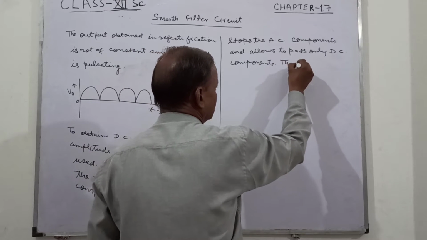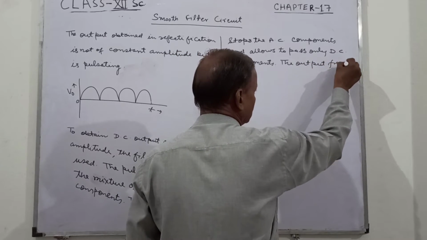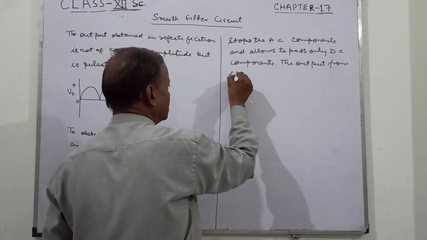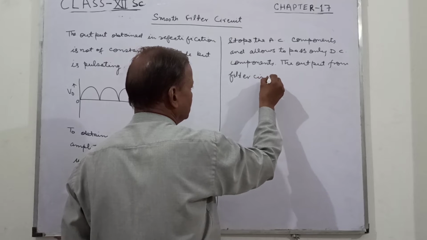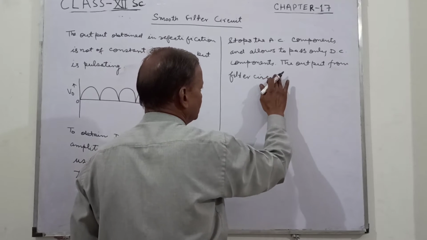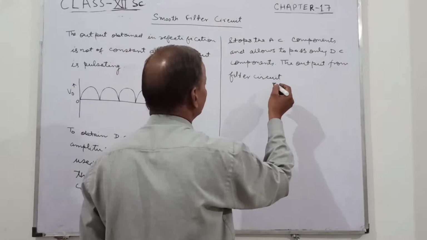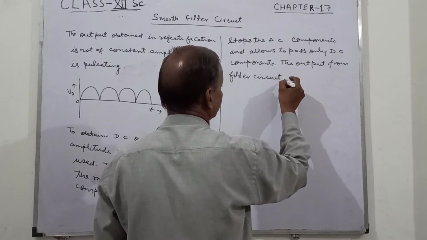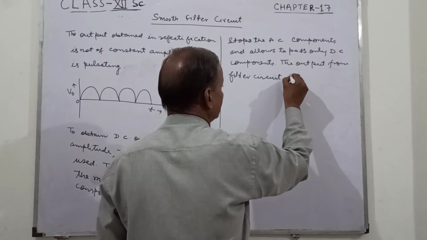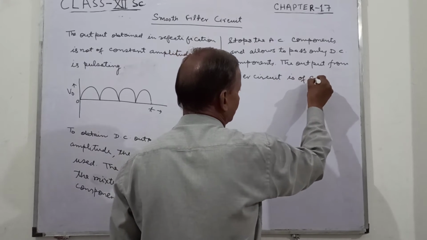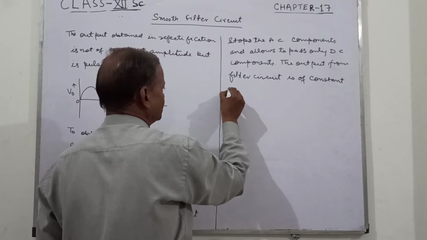Thus, the output from the filter circuit is of constant amplitude.